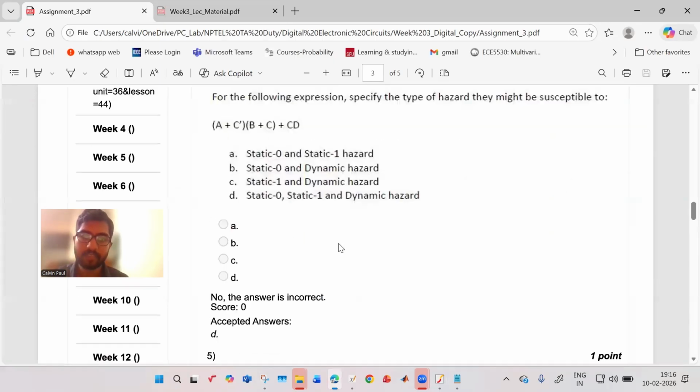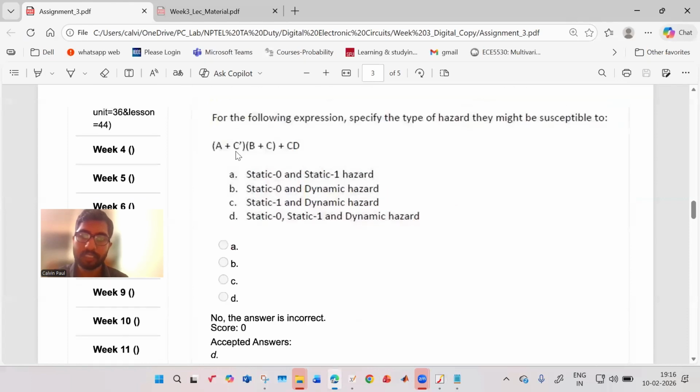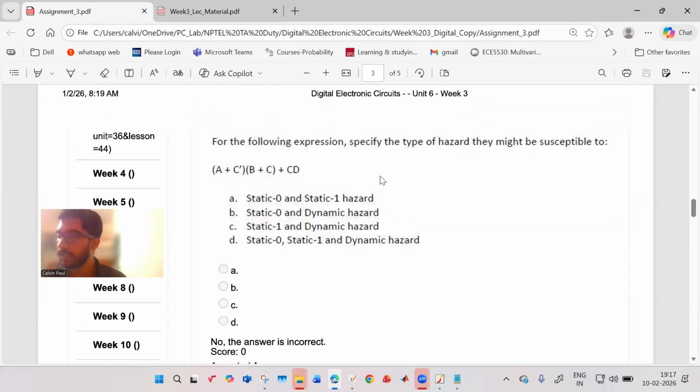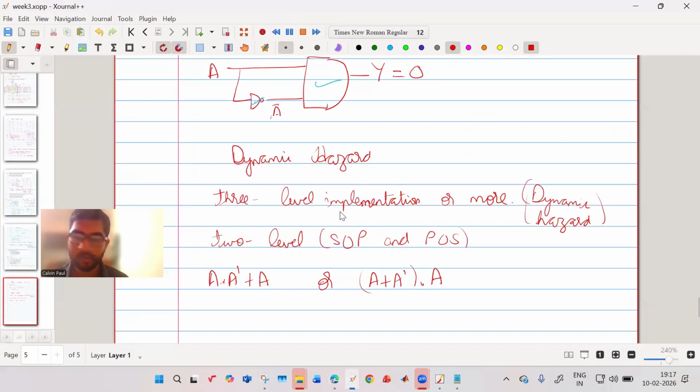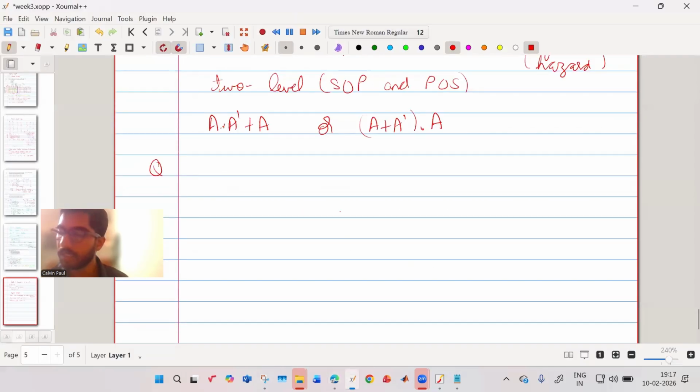Which hazard do you think this circuit would be susceptible to? The question is: what is your circuit Y?